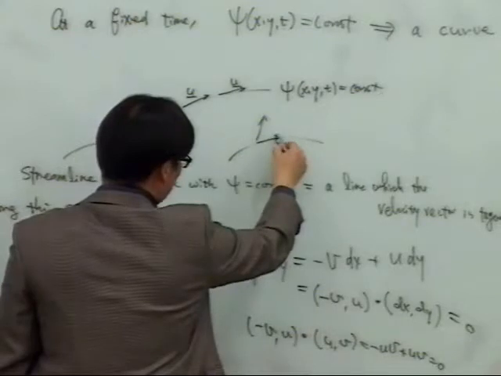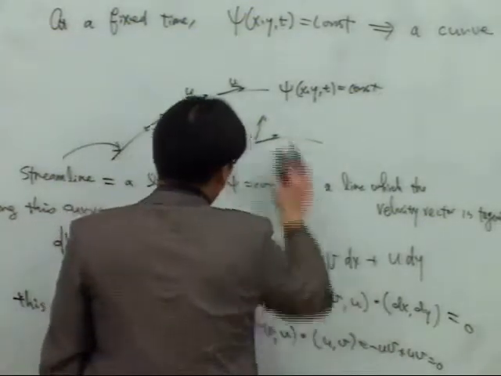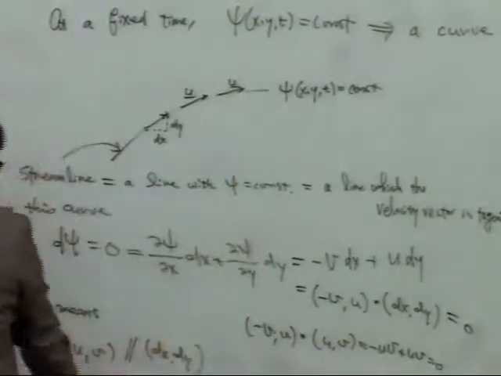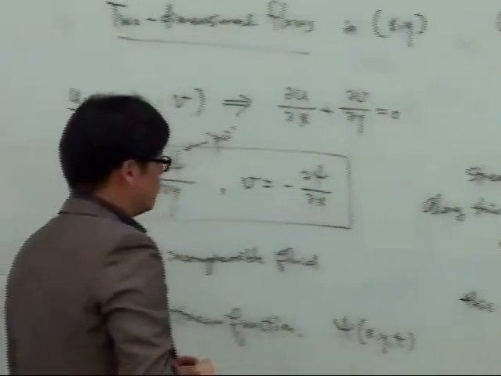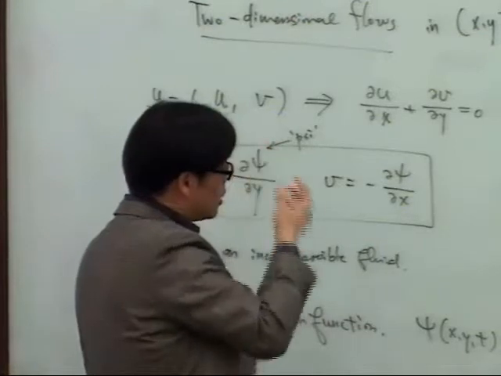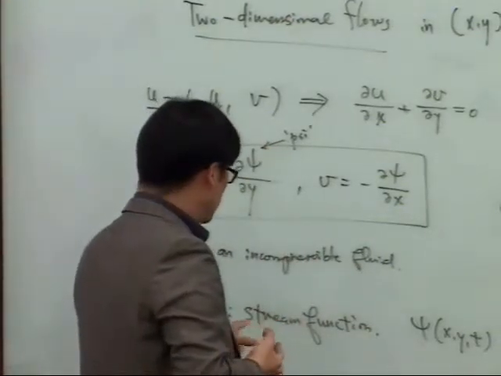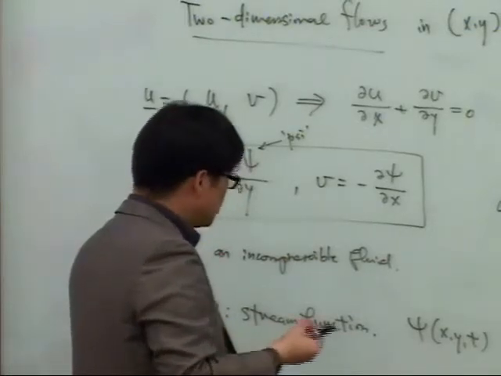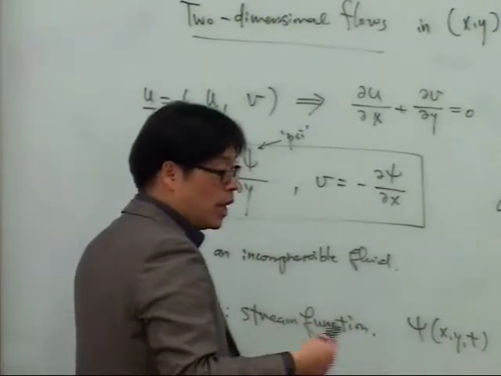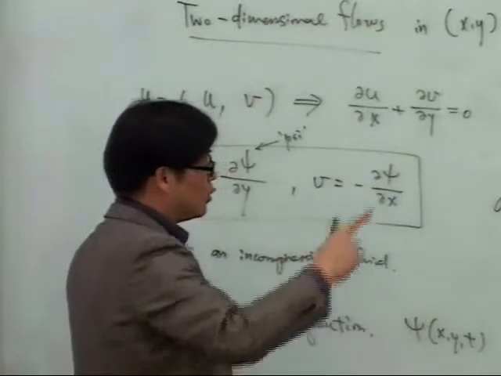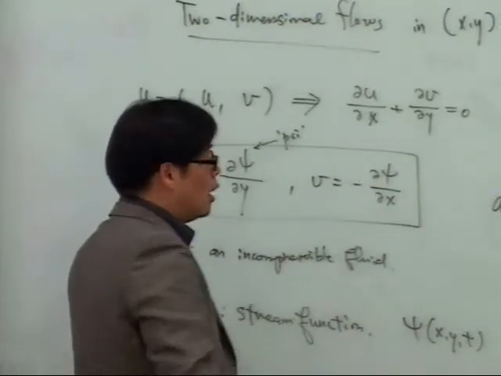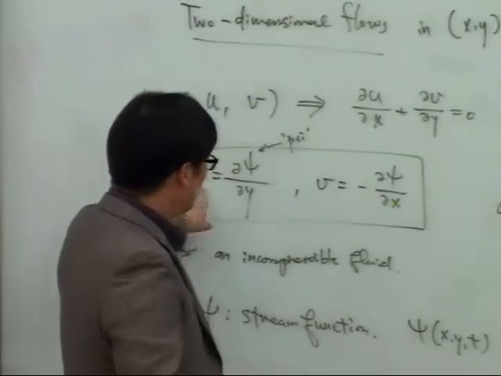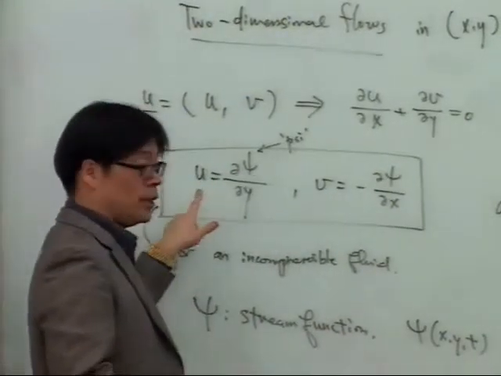The velocity vector has to be always tangent to the streamline. So this is the physical meaning of the stream function. Stream function equal to constant gives you a streamline. And once you know the streamline, then you can draw the velocity vector or flow direction, and then u and v can be represented this way.